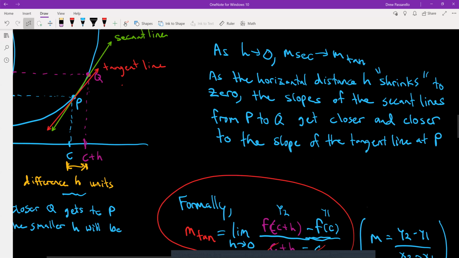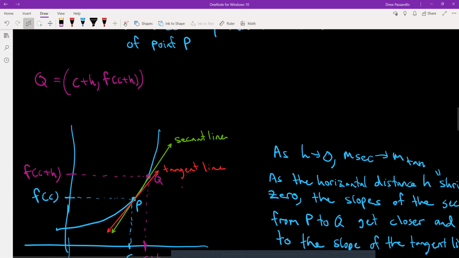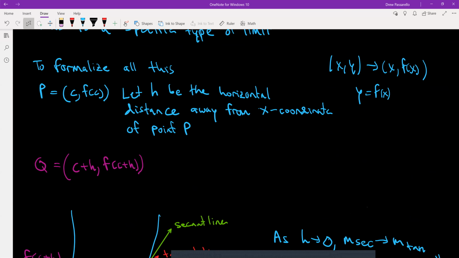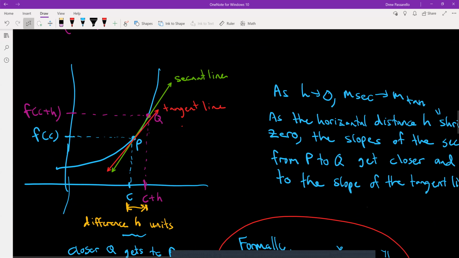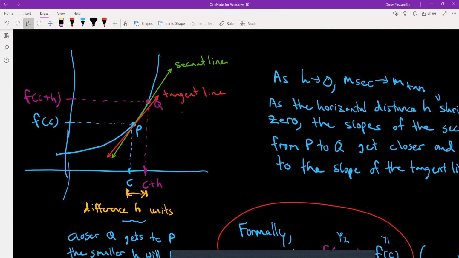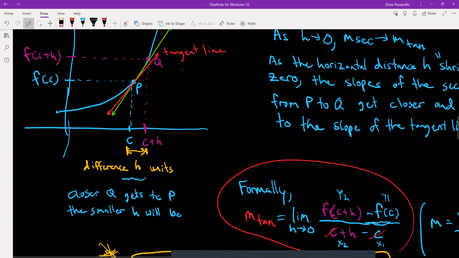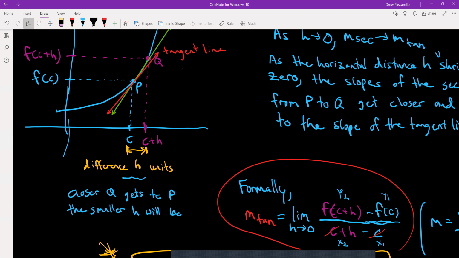Just to go over real quick, we're formalizing this process: the secant lines between point P and Q, if I were to make point Q get closer and closer to point P, that means the distance between the x coordinates of the 2 points, which I'm calling h, is shrinking to 0. So point Q is represented by c plus h for its x coordinate, where h is this distance from c.